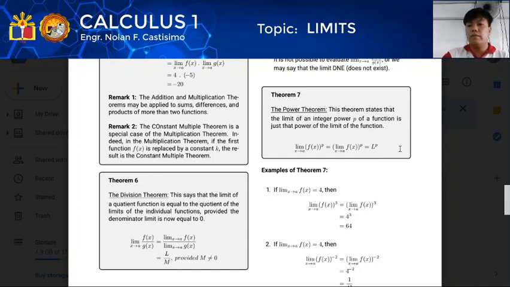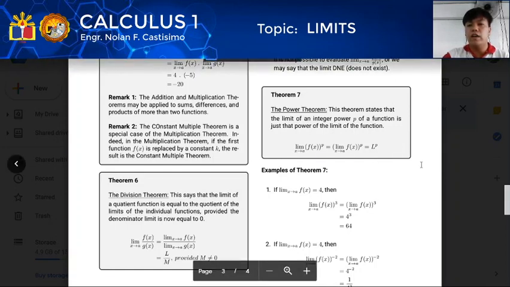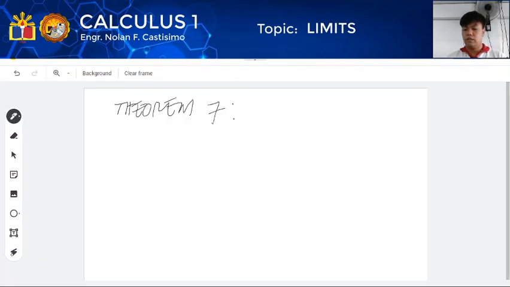So, this theorem states that the limit of an integer p of a function is just the power of the limit of the function. So, iyan yung mathematical notation ng theorem number 7 natin. So, sulat natin sa board. The power theorem.